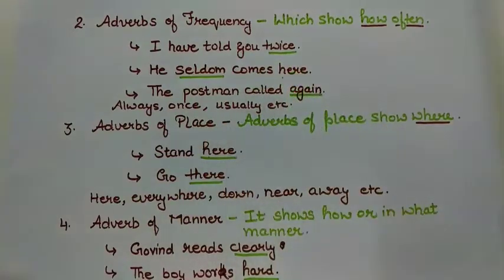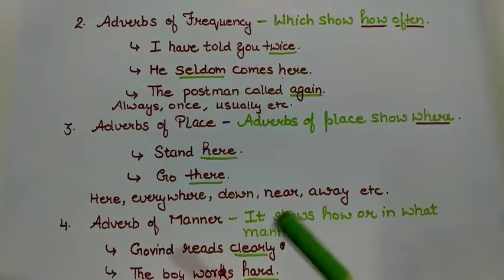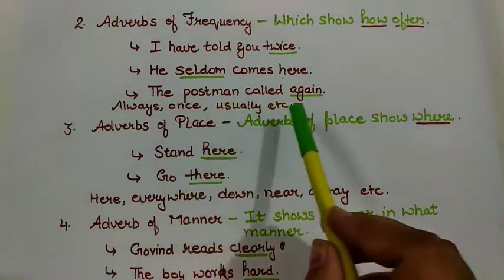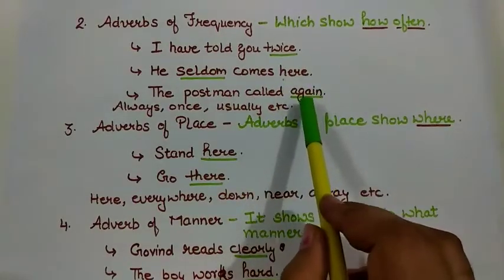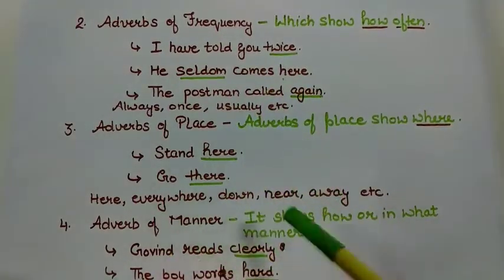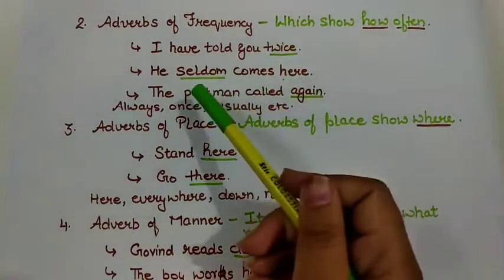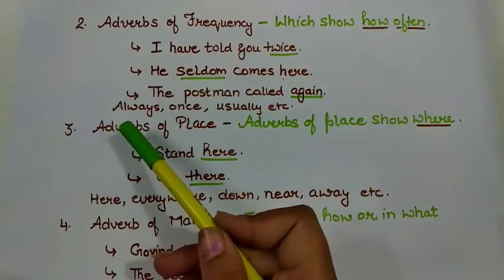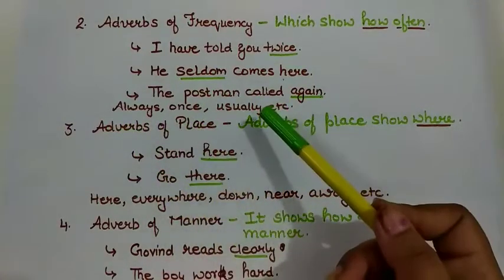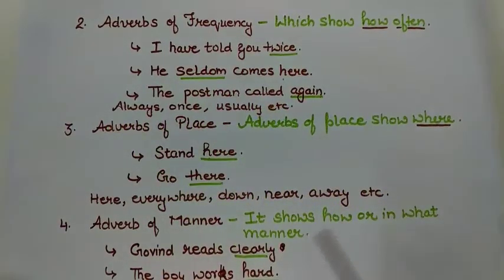That means he comes but very rarely, not too often, right? The postman called again. The word again is showing how often. So, words like twice, seldom, again, and always, once, usually, etc. show how often the task is being done, means adverbs of frequency.